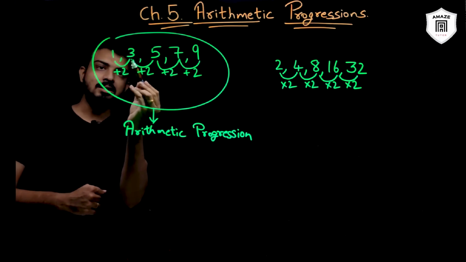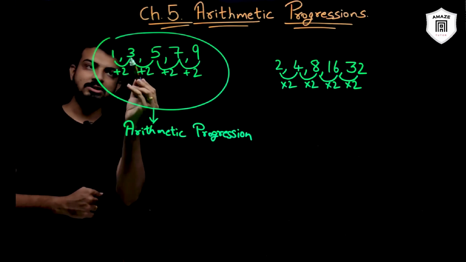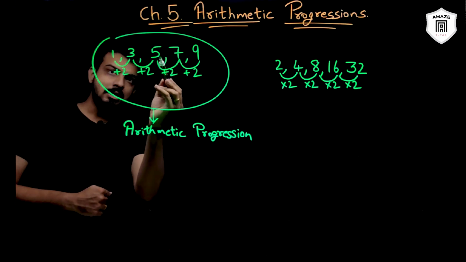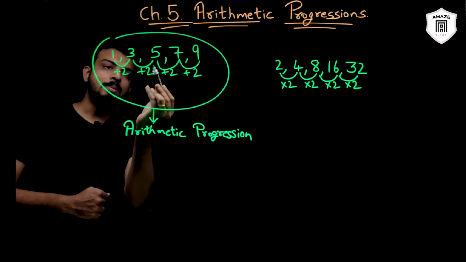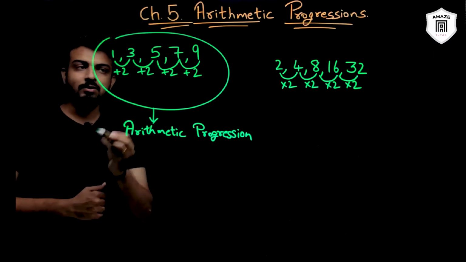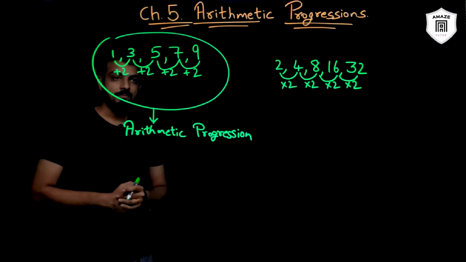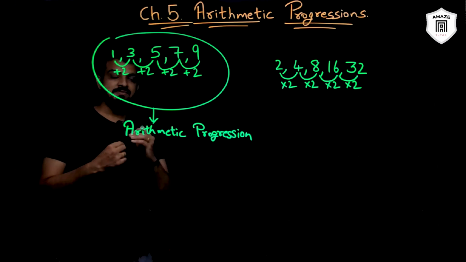It is nothing but it is getting added by a fixed number to the preceding term. So here 1 plus 2 which is 3. If you want to obtain the succeeding number, let's say the third term, you have to add a fixed number to the preceding term, right? Which is 3 plus 2 here, 5. Clear?